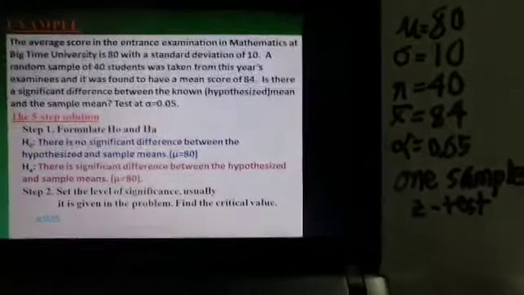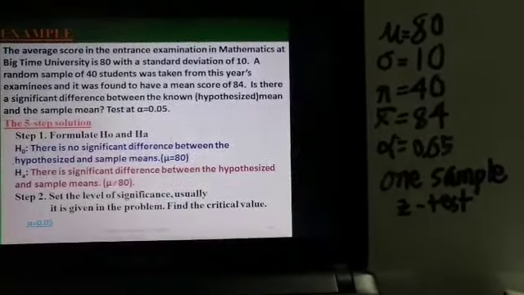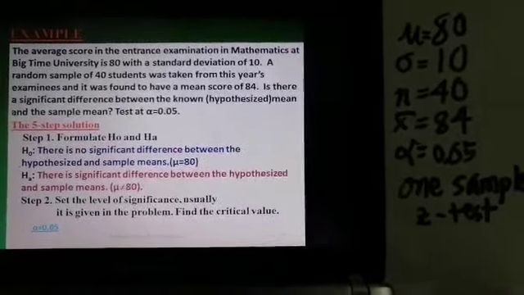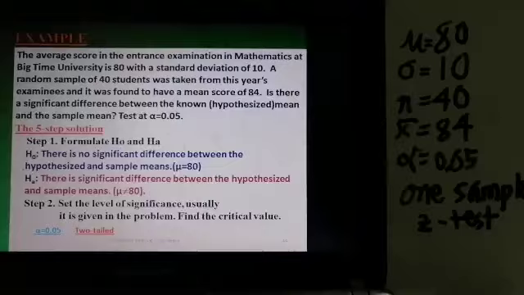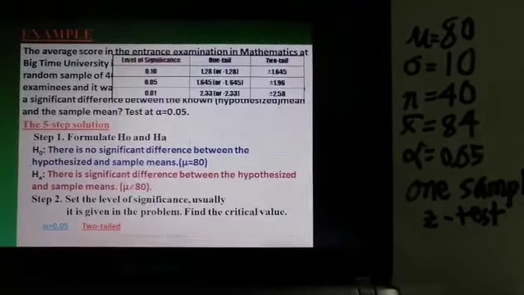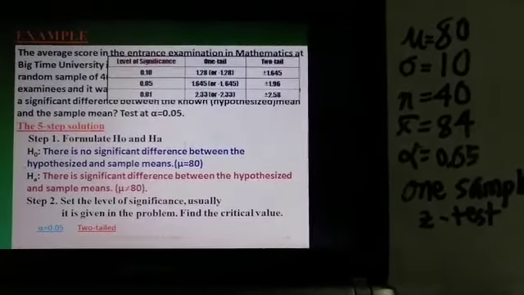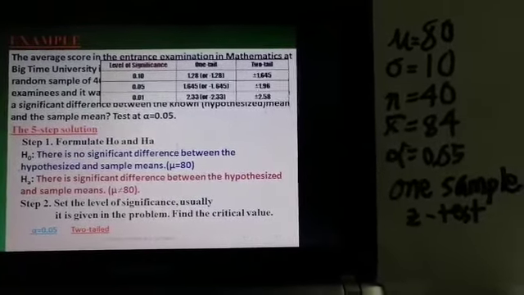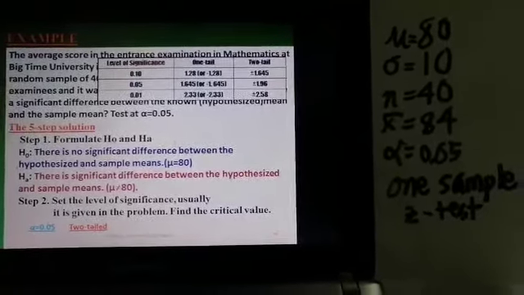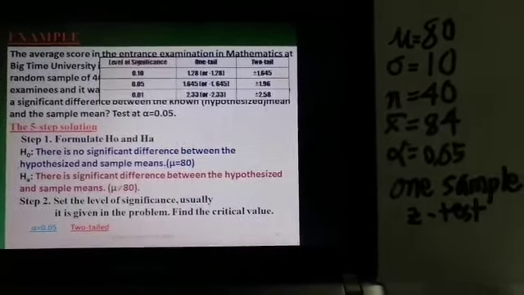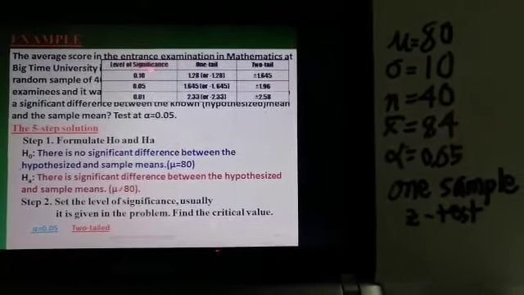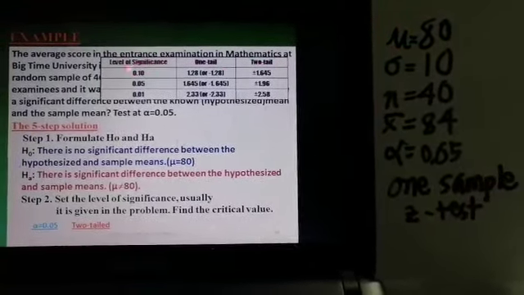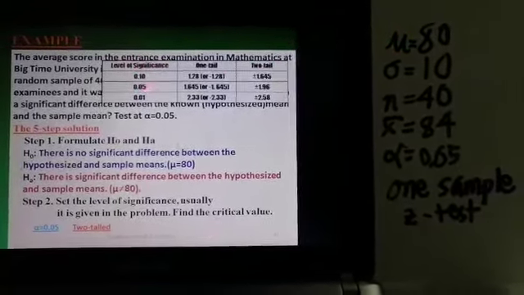Again, in the second step, you have to find the critical value. So what do we have to recall for this one? You have to recall this table. From HA, we have a two-tailed test since HA uses the not equal to symbol. Since we have a two-tailed test, you have to look at two-tailed. What is our level of significance? 0.05.